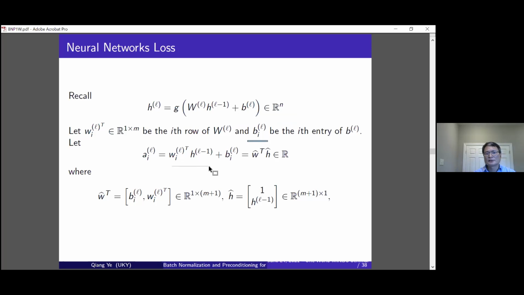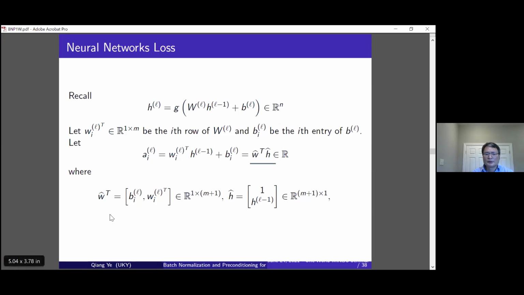Then the corresponding ith entry of this affine transformation is just the ith row Wi times H_{L-1} plus bi. And I can make it look a little nicer by writing it in this homogeneous form.